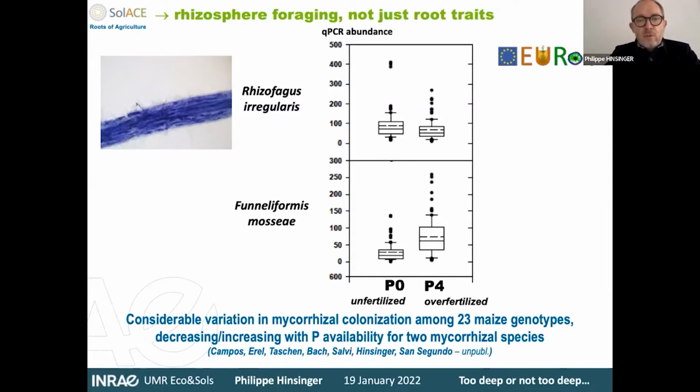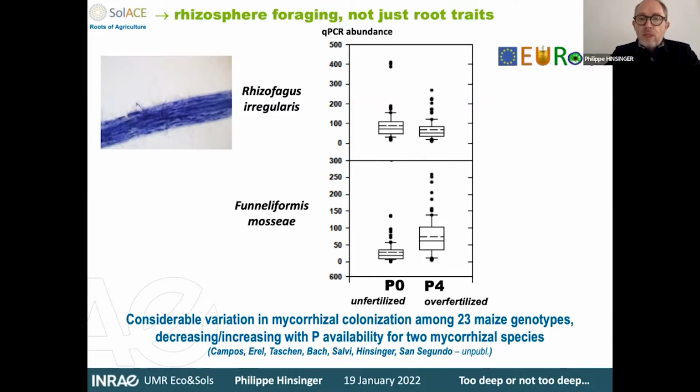We looked at 2 different species of mycorrhizal fungi in the roots. And you see first, if you look at the various points, that there is considerable variation among these 23 genotypes, and also that there is a differential response to phosphorus availability.